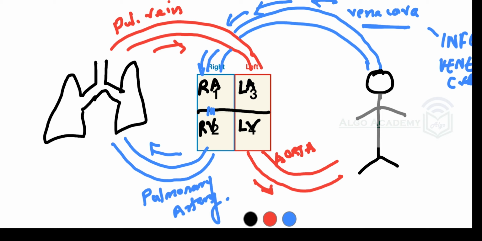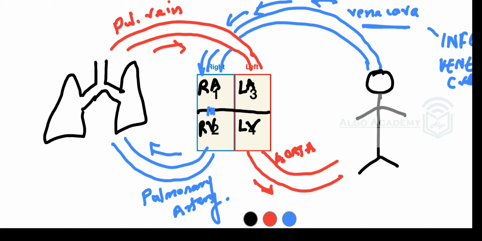But see the difference. Arteries always carry pure blood, right? But here the pulmonary artery is an exception. The pulmonary artery carries impure, deoxygenated blood. So this is a question for you. Now this pulmonary artery goes to the lungs.